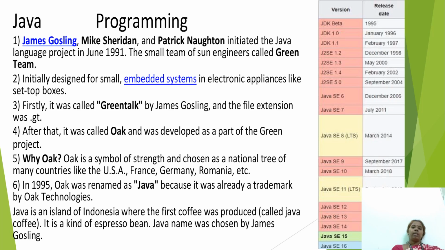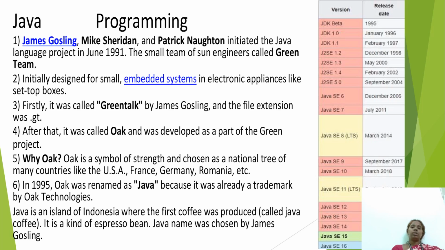On the right hand side, we have listed the Java versions and their release dates. Initially we released the JDK beta version, Java Development Kit beta version, in 1995.